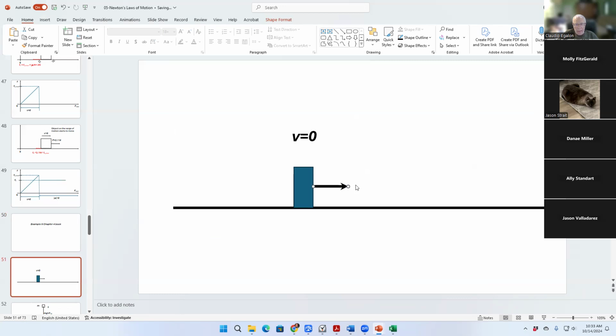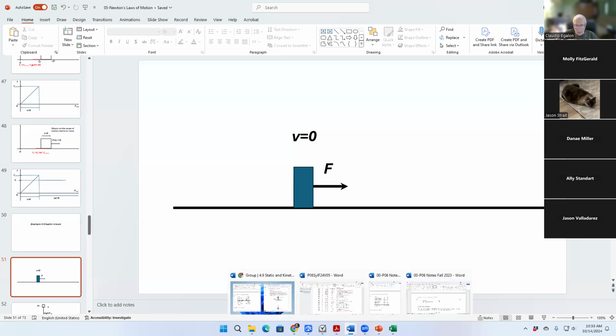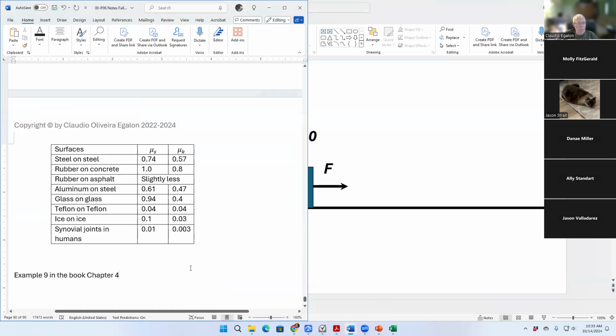I'm going to put it right down here, F. So what's given? Going back here, the mass of the skier.